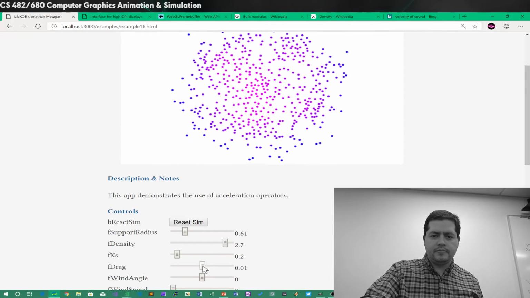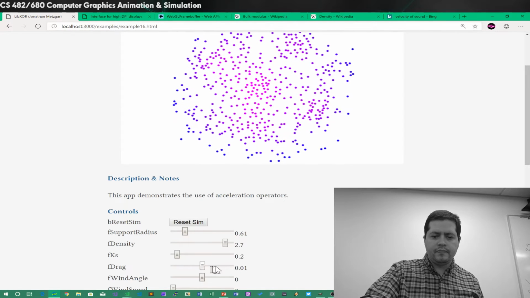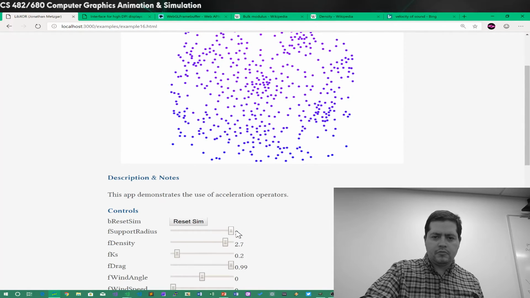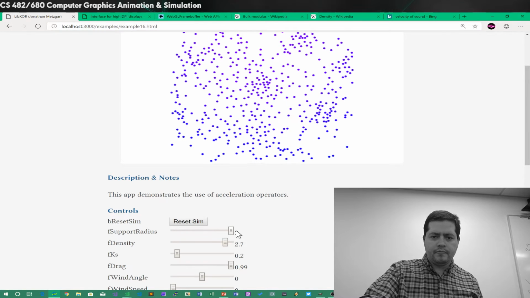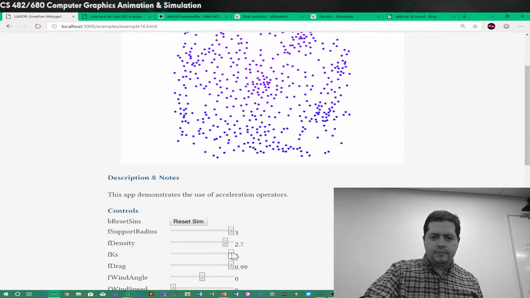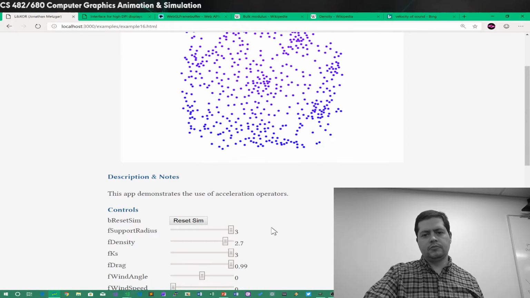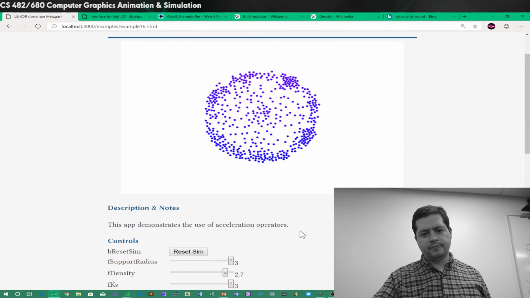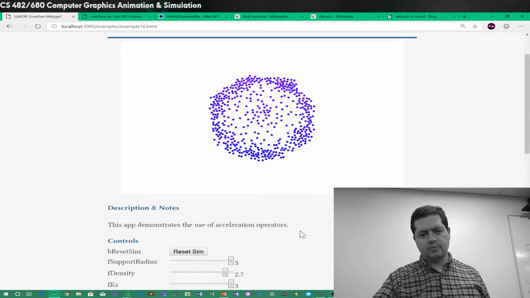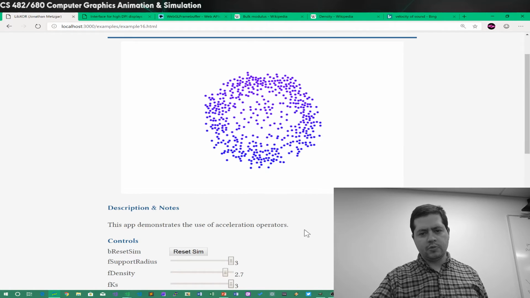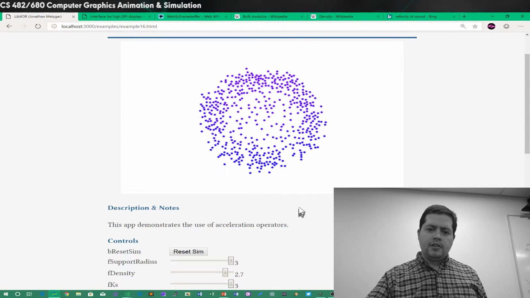Turn off the... Trying to remember the exact pattern for them to group up in a circle. I think it's this one.